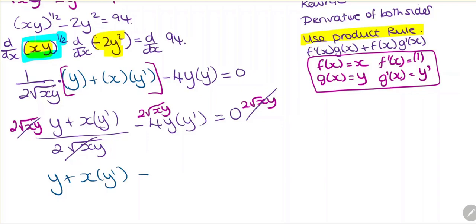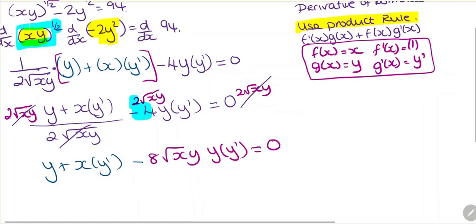So we've got this 2 multiplied by the 4 here, so I'm just going to write that as 8, and root xy multiplied by y prime. So this is equal to 0.